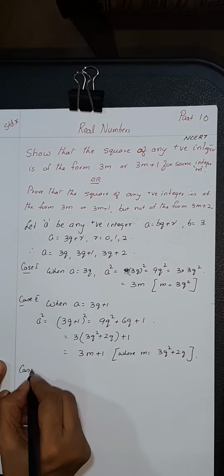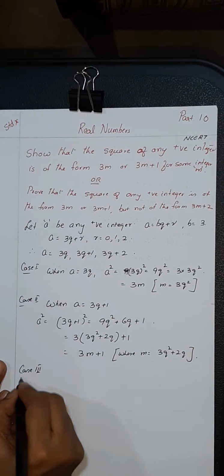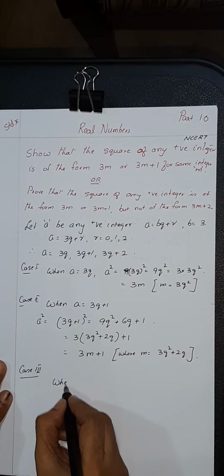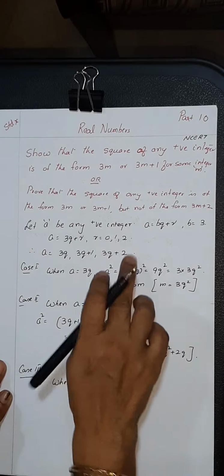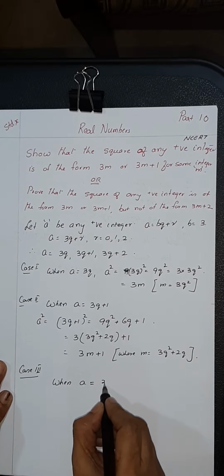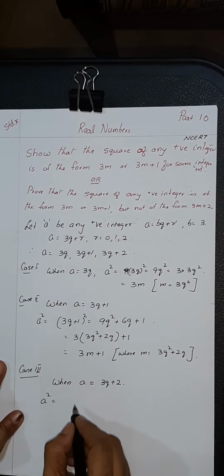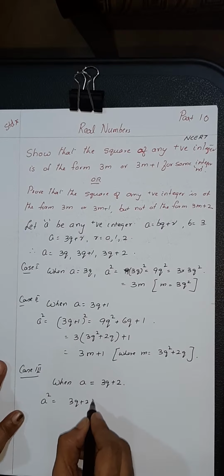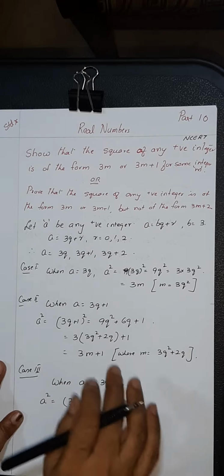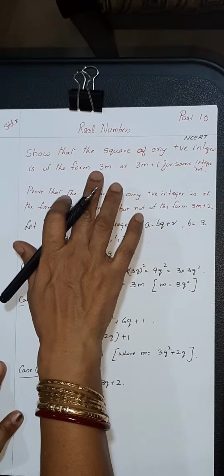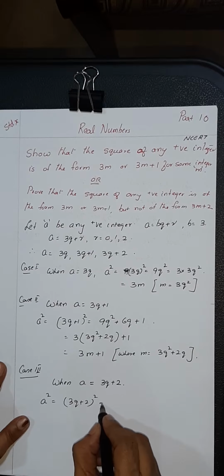Now case 3, when a is equal to 3q plus 2. So a squared is equal to, the same procedure only. You have to bring it into the format of either 3m or 3m plus 1.